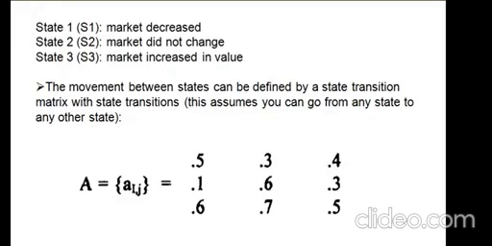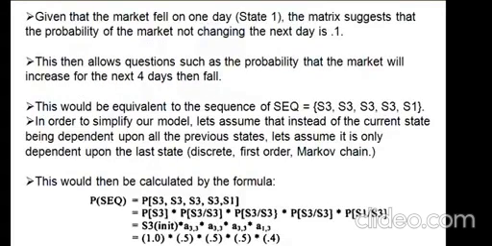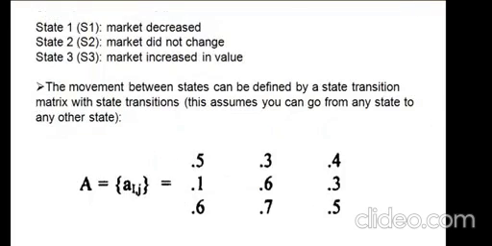The next thing is, given that the market fell on one day, let us imagine the market is in a decreasing state. That means the market is in state one. I have already represented state one, which represents that the market is decreasing.